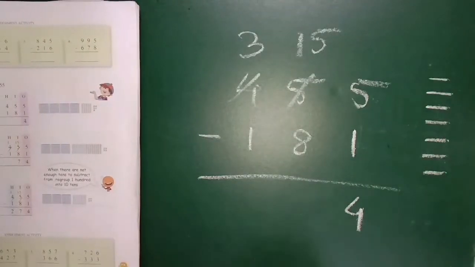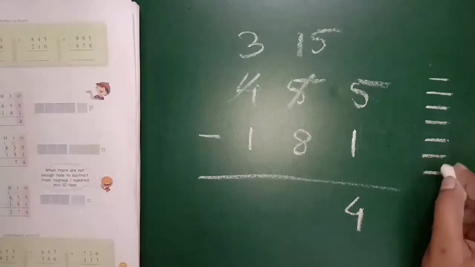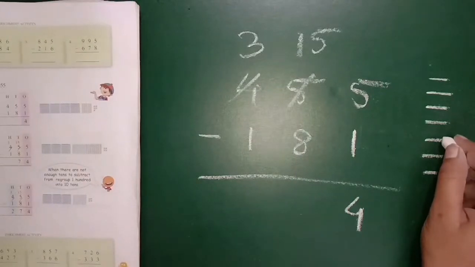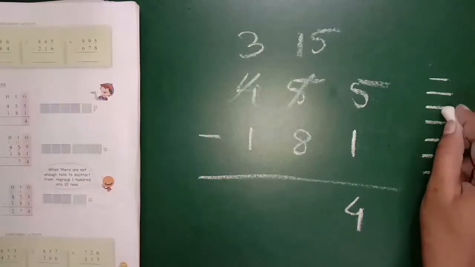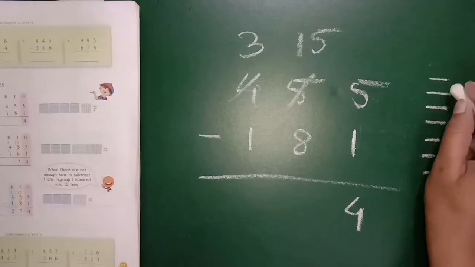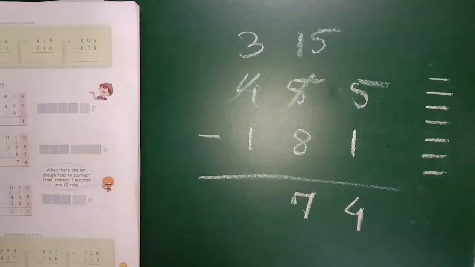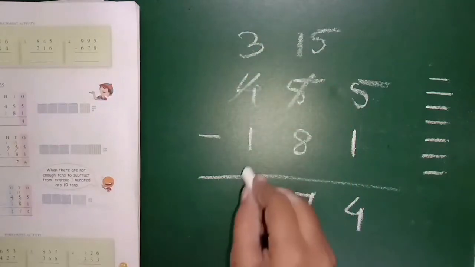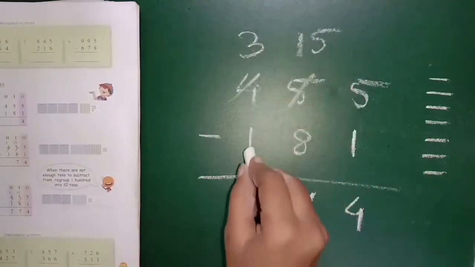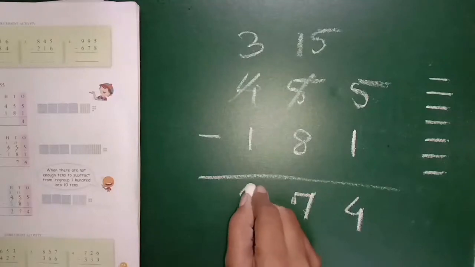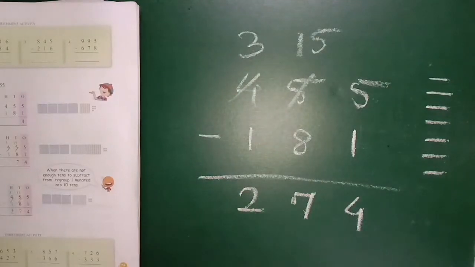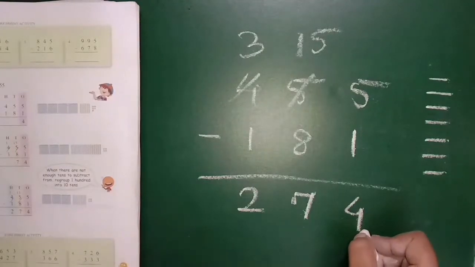How many lines are here? 1, 2, 3, 4, 5, 6, 7. So write here 7. Now solve hundreds place. 3 minus 1 will become 2. So our final answer is 274. Okay, got it?